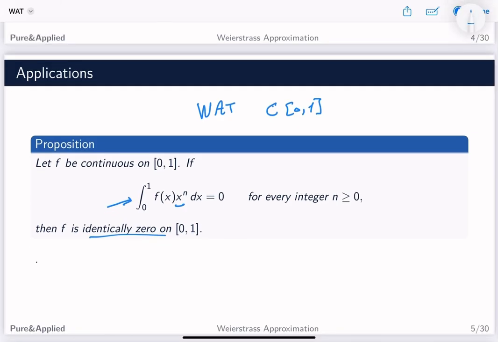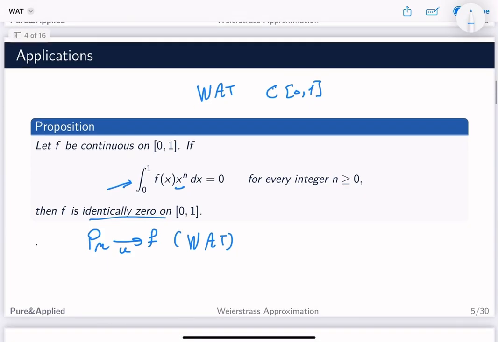You could take a sequence of polynomials, let's say P_m, and assume that this sequence converges uniformly to f, which you can do by the Weierstrass Approximation Theorem.